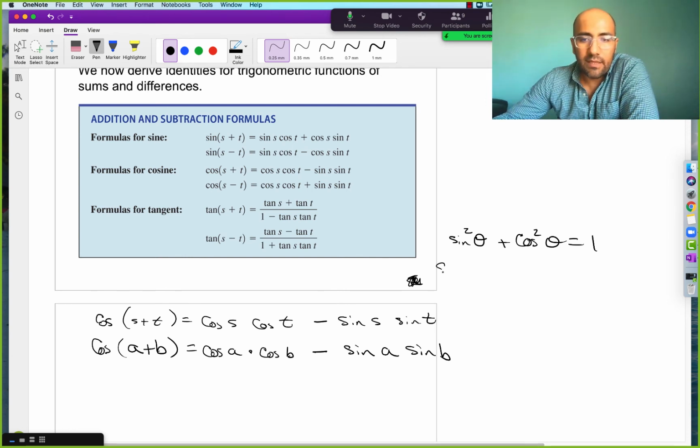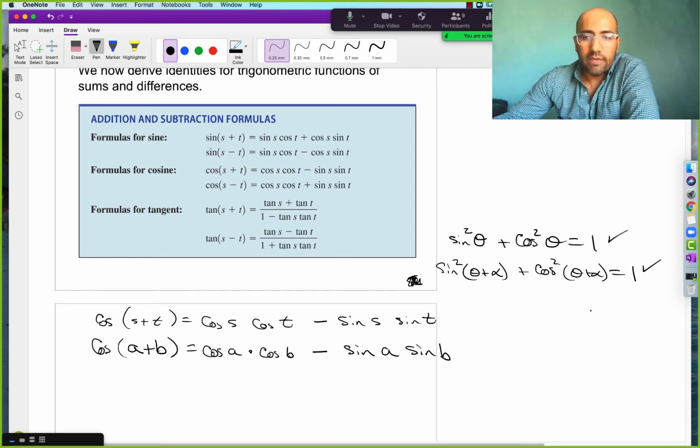It could be something like sine squared of theta plus alpha, where this is just an addition of two angles, plus cosine squared of theta plus alpha. Well, that's still going to be 1, right? If that's true, then that's true.